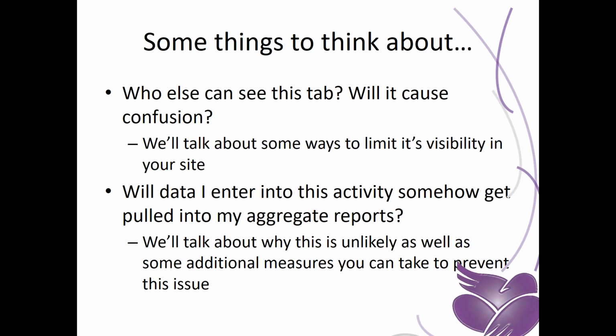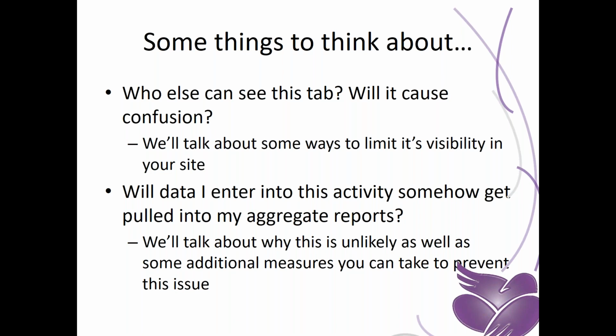And the other consideration is, will data I enter into this activity somehow get pulled into my aggregate reports? The way I've set it up here, that should not be the case at all. We're working with a role that isn't part of the network roles. We have created a unique activity that's not part of the network activities, even though it's using some questions that are standards of the network.